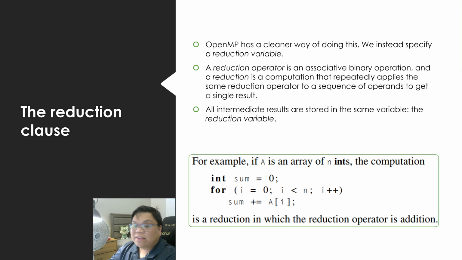The simplest example I can think of is you have an array full of numbers and you want to add all the numbers in that array into some sum. So we are incrementing the sum by some amount from our array, where the index i is defined by this for loop. In this case, the sum is our reduction variable, and addition is our reduction operation.